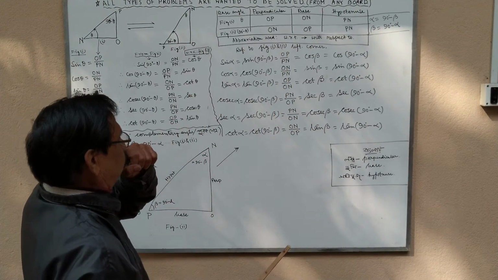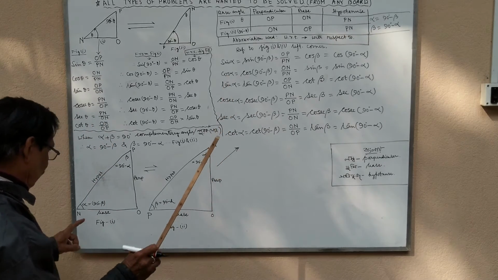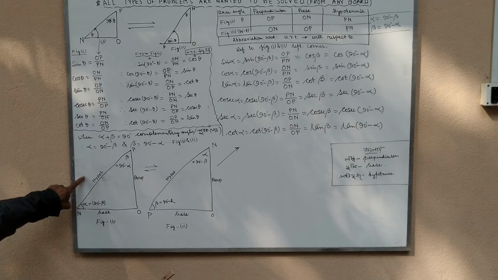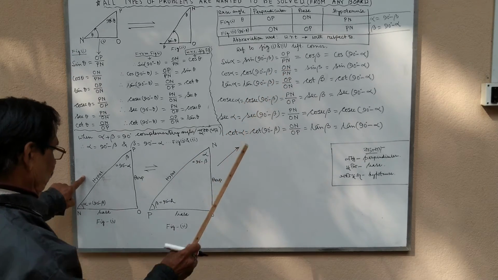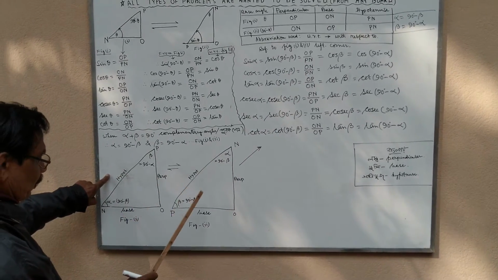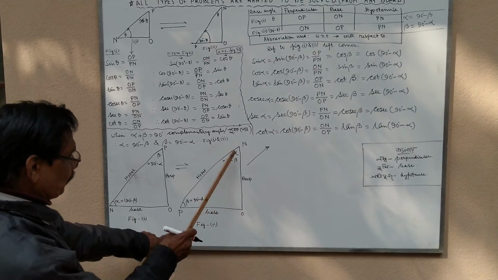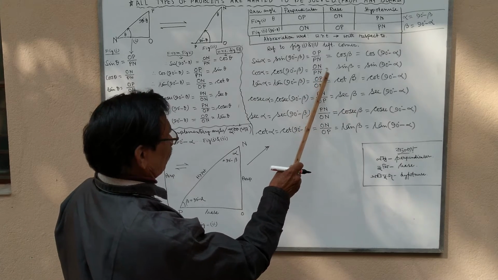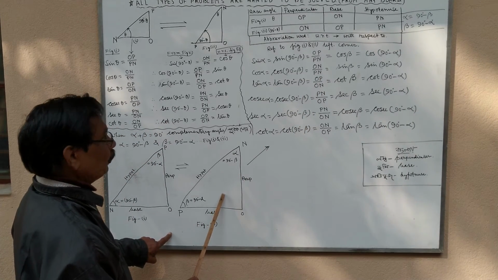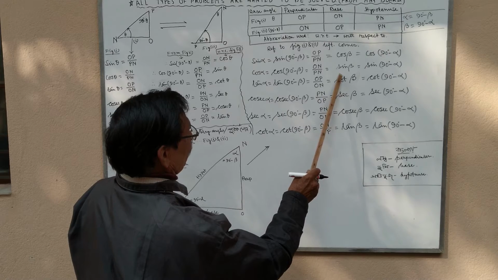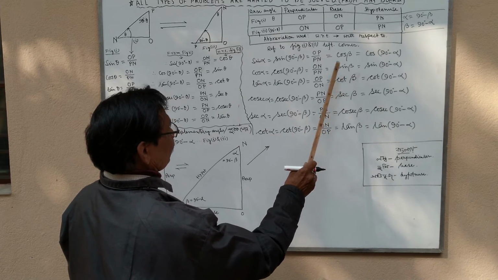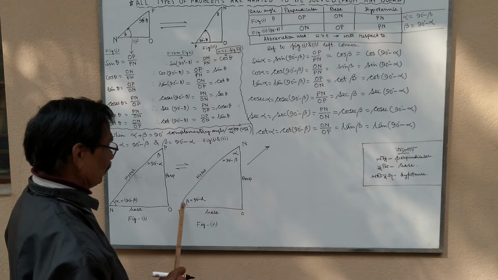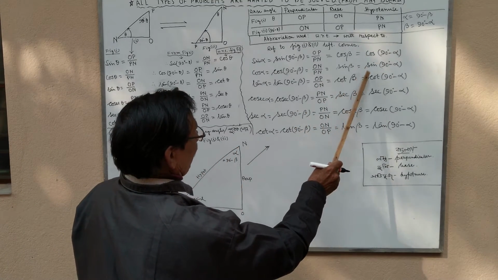Cos alpha equals base by hypotenuse, that is ON by PN. When we discuss it with respect to figure 2, ON is perpendicular and PN is hypotenuse, so this is sin beta.